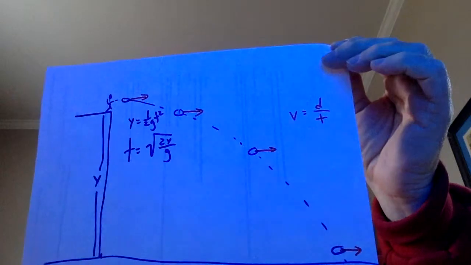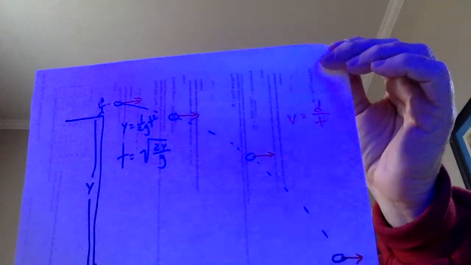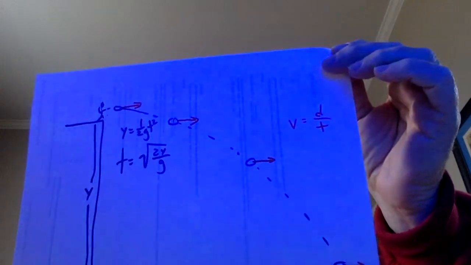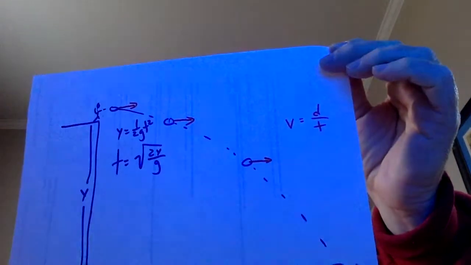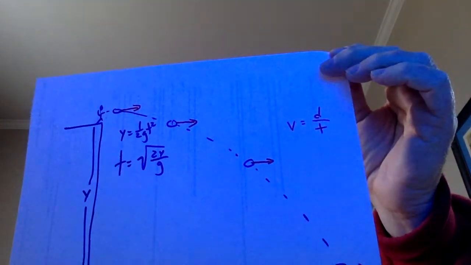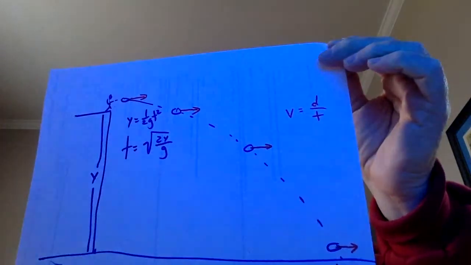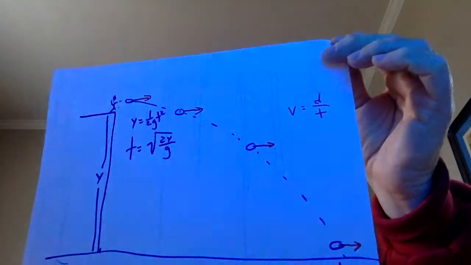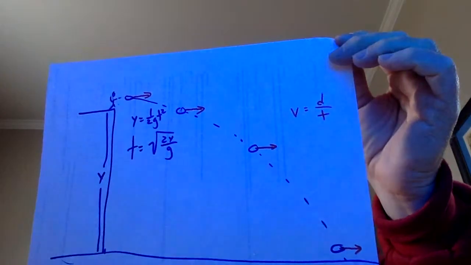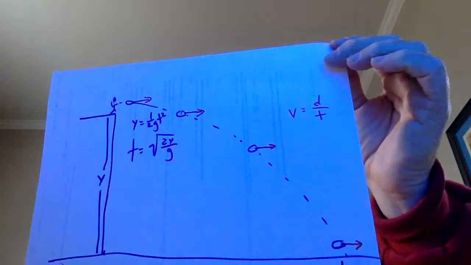You can see in the blue it represents the vertical velocity, and it gets further and further apart for each time interval because gravity is increasing the speed at 10 meters per second. For every second that goes by, the speed increases 10 meters per second. So it gets further and further apart.